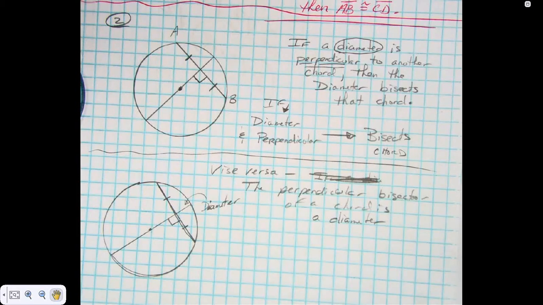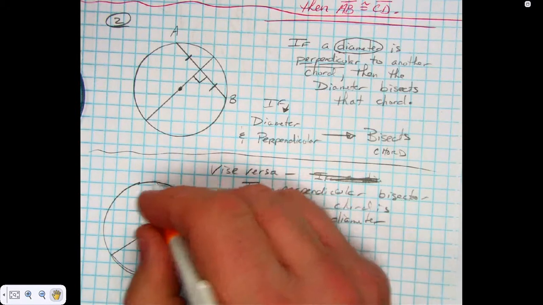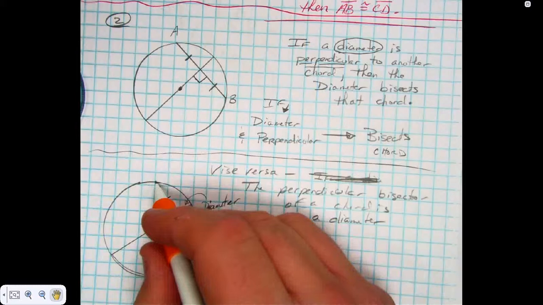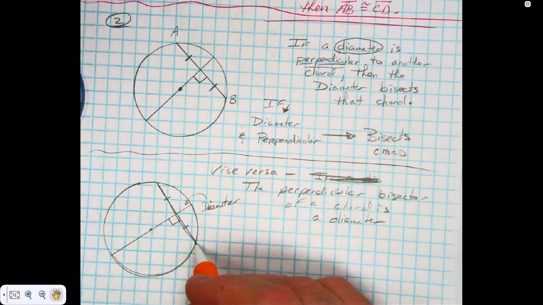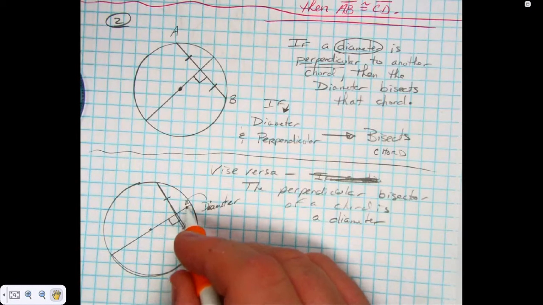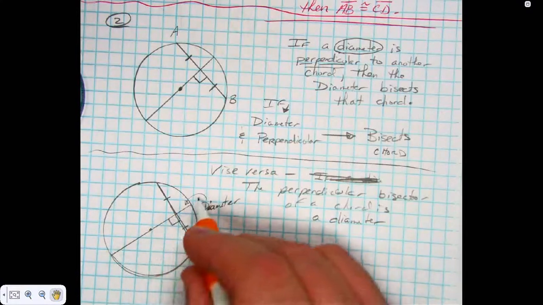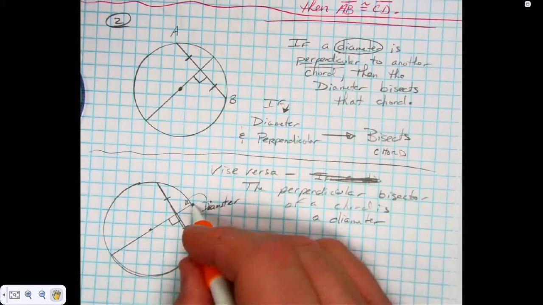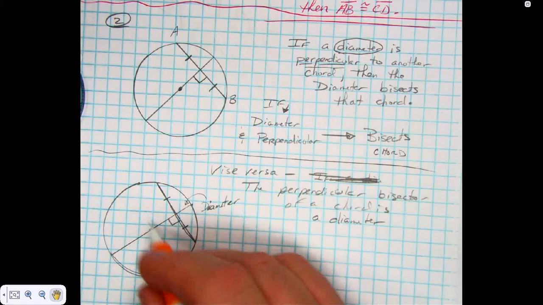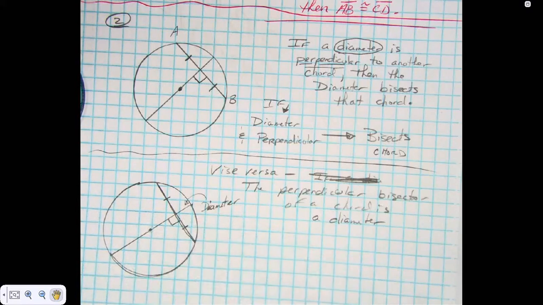Believe it or not, this is how you could find the center of a circle in real life. Let's say you had a circle. You could put out a string, measure it, go right to the middle, use something to make sure you're at 90 degrees, and you know this line has to go through the center. So you measure from one side to the other, cut it in half, and you know that's the center of the circle.